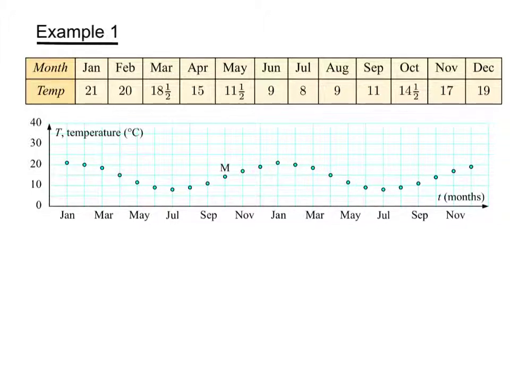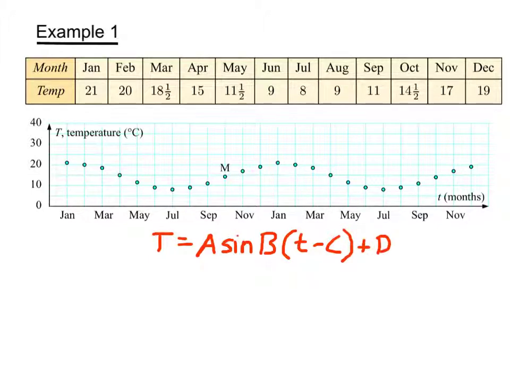The model in this case is actually going to be the equation, and it's the same equation that we've been using: T = A sin(B(t - C)) + D. In this case I'm using capital T for temperature and lowercase t for time in months.